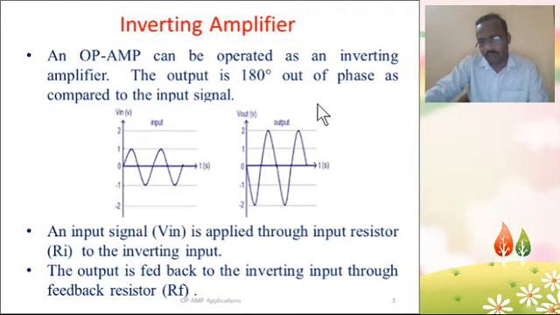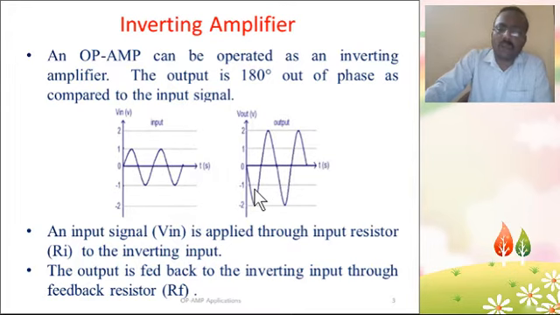This is your output signal which is measured across the load with respect to the ground. It is observed from the figure 2. This is figure 2. The output signal is 180 degree out of phase with the input signal. It means the output signal is just opposite of the input signal.